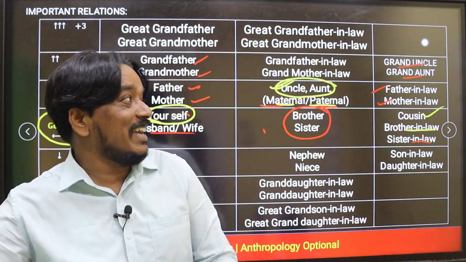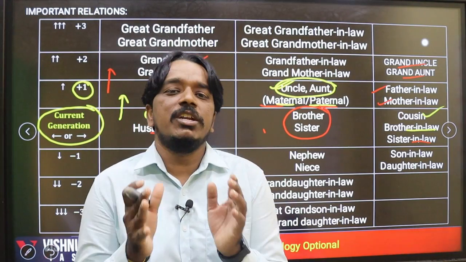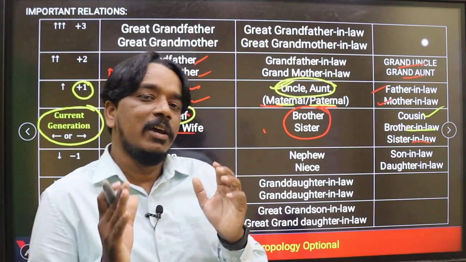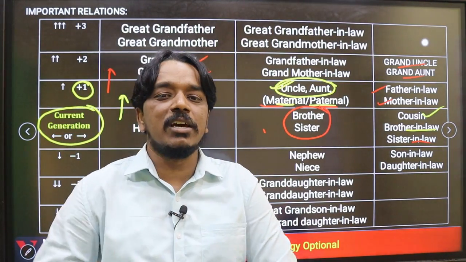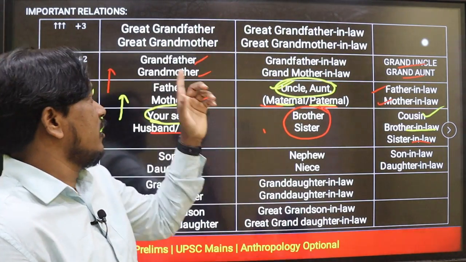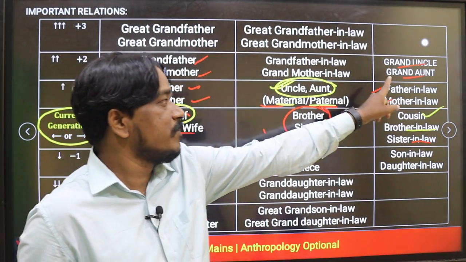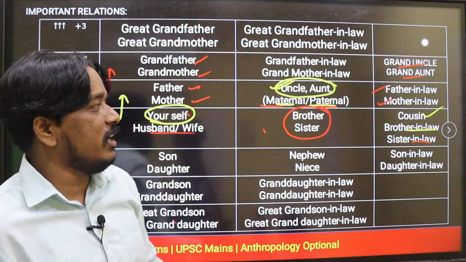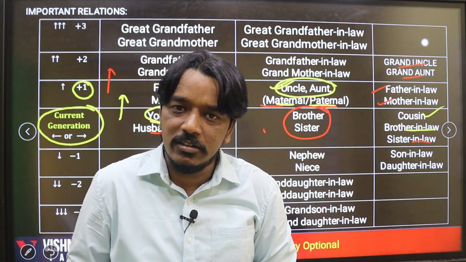Some aspirants are confusing grand uncle and grand aunt. Generally, in very rare cases we find these words in the questions. A grand uncle is your grandparents' brother. If any of your grandparents has a sister, you can take her as a grand aunt.